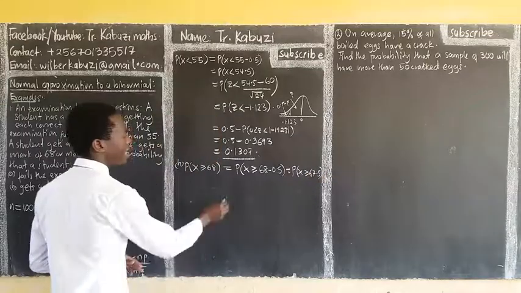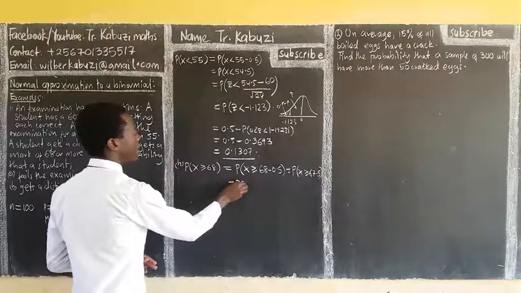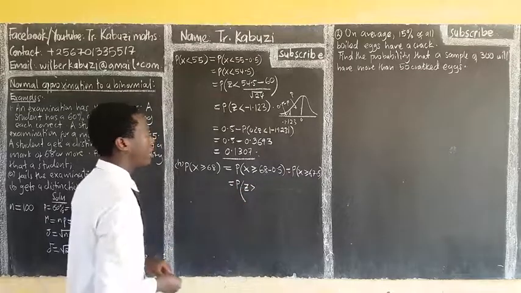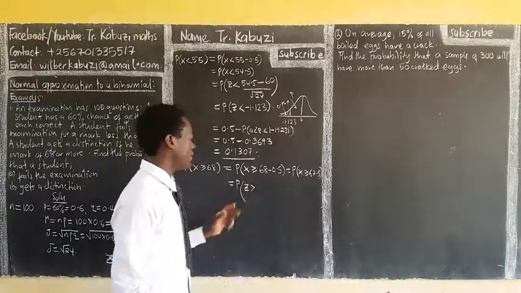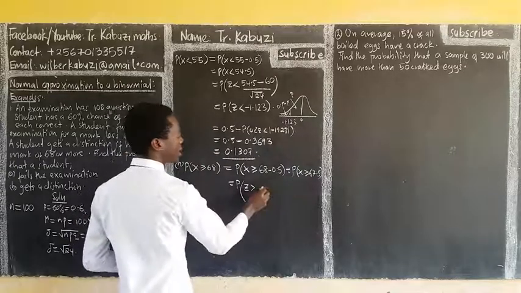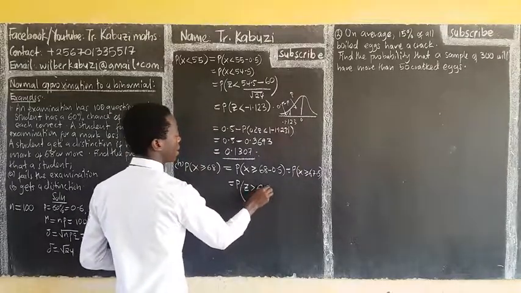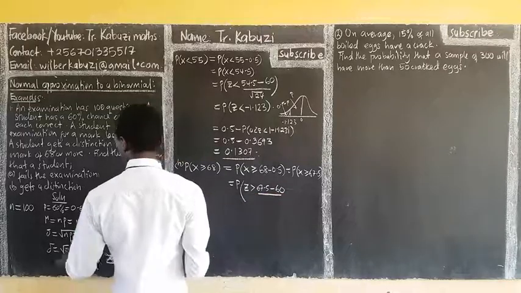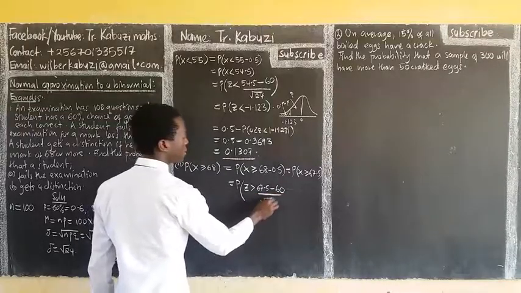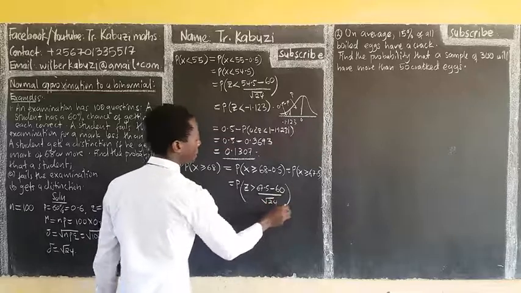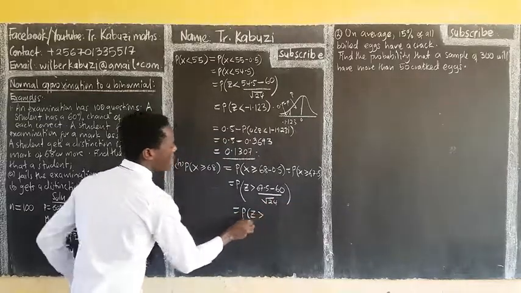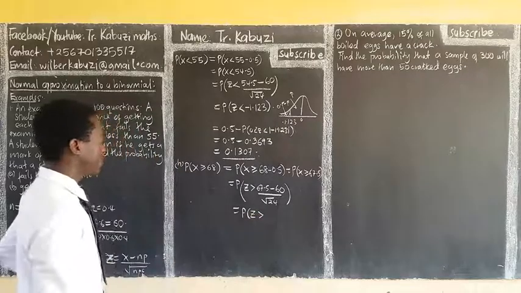So we standardize that, which will be the probability of z greater than, with x minus 60, the whole over our sigma, which is the root of 24.